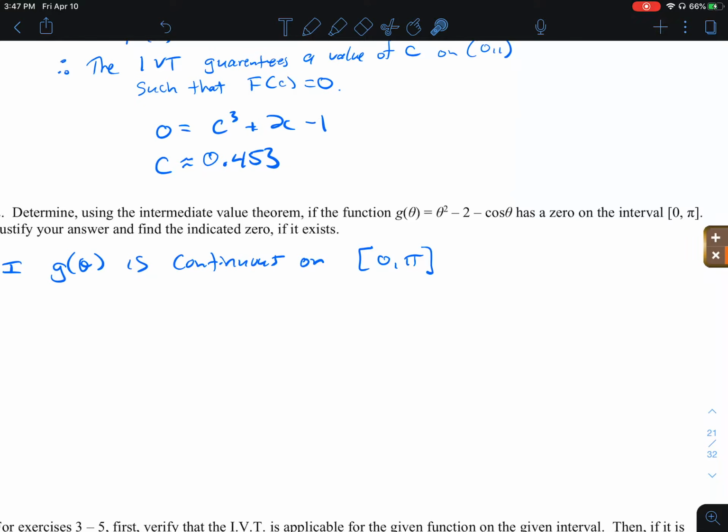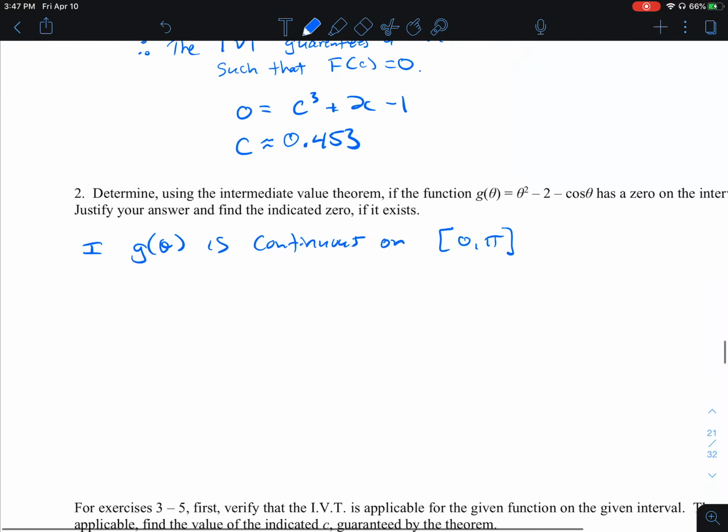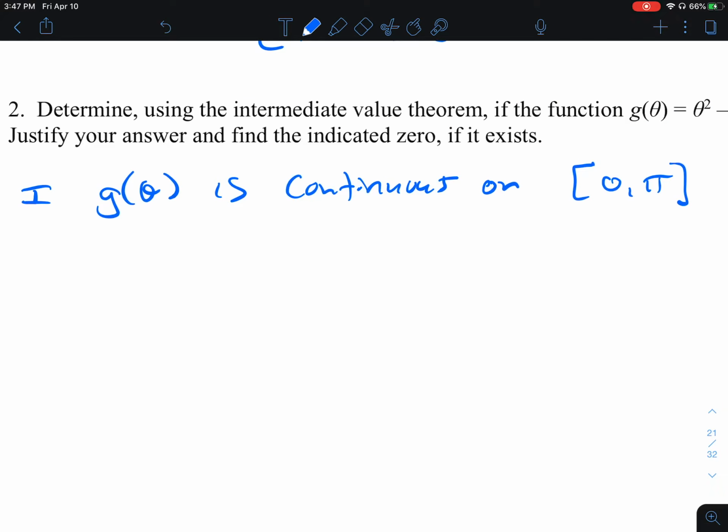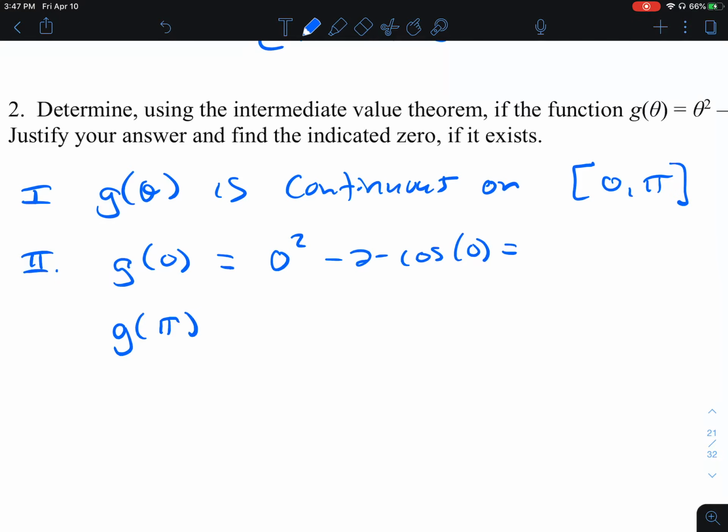Now we got to figure out what are the y values of this when we put 0 in for theta and when we put pi in for theta. So part 2, got to figure out what the y values are, g of 0 and g of pi. G of 0 is going to be 0 squared minus 2 times cosine of 0.